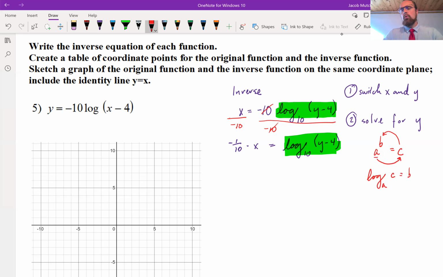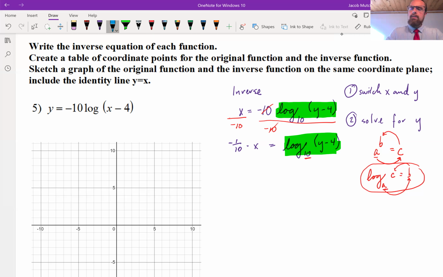So the direction we'll be going is from this logarithmic form back to the exponential. It's going to be from the base a to the power of whatever's on the other side equals c. So we'll make that conversion. For ours, our base is 10, so it's important for us to actually write the base there.